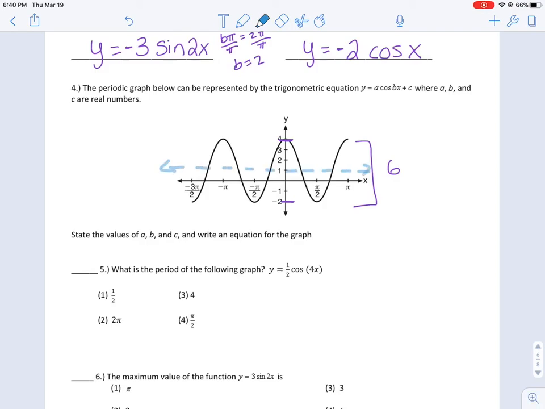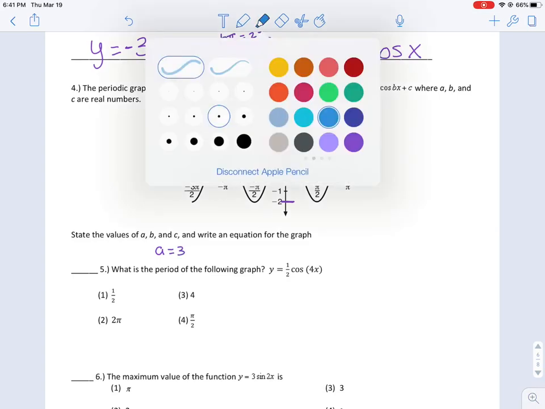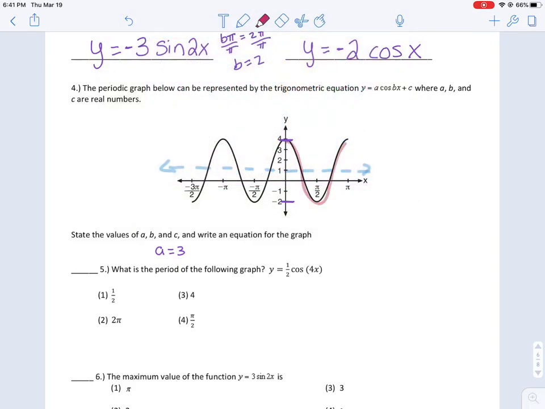So I always like to start with finding where your midline is. Your amplitude is from your midline up to the maximum, or really what half that whole distance is. So that would be 3. So they asked me to find a, which is 3. My b value is how many cycles in 2 pi. If I look at my graph, I have 1 cycle in pi.